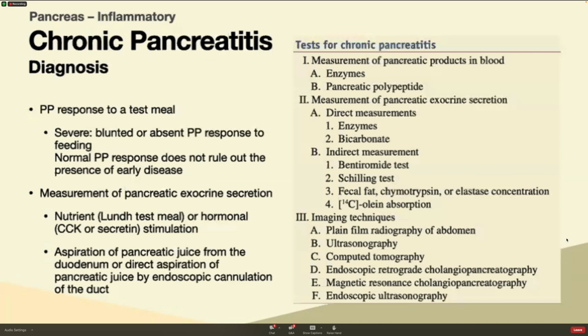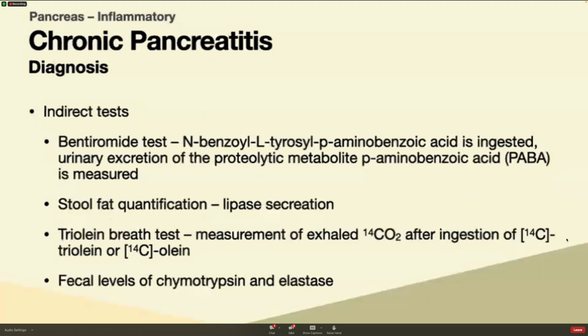You can just skip through these. You can just read about these in Schwartz. These are just tests that measure the exocrine function of the pancreas.